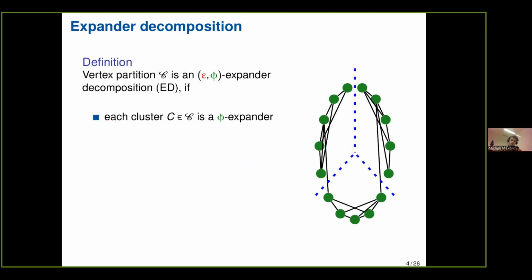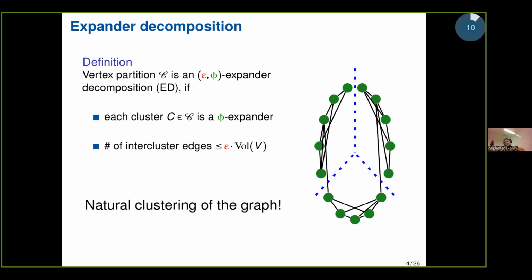More formally, we call a vertex partition C an epsilon-phi expander decomposition if each cluster in C is a phi expander, and the number of intercluster edges is at most epsilon times the volume of the whole graph. The expander decomposition can be seen as a natural clustering of a graph with respect to its expansion or sparsity.